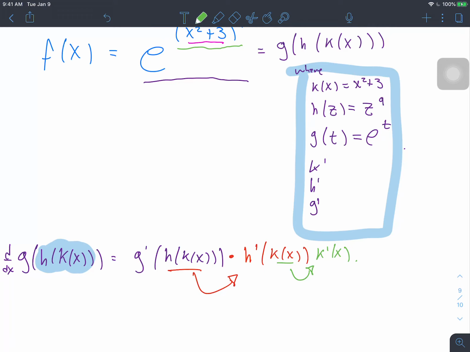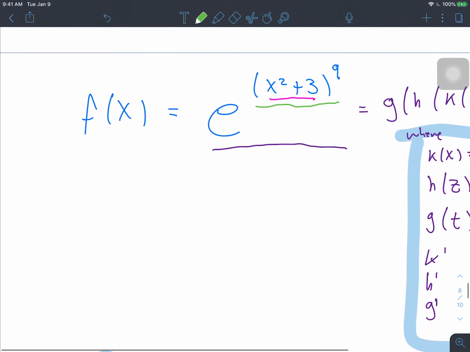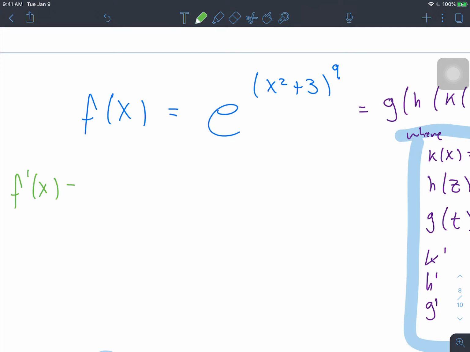Now I'll show you how I do it in practice. Here's how I do it in practice. I would look at this and say, okay, f prime of x is going to be, well, I'm going to treat all of this thing, by which I mean I include the 9th power, as my z.